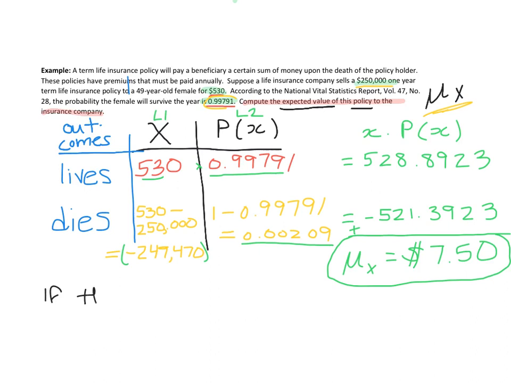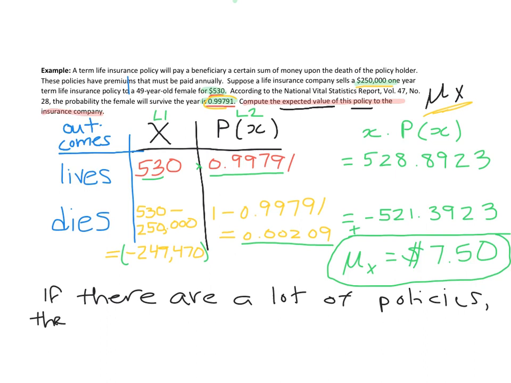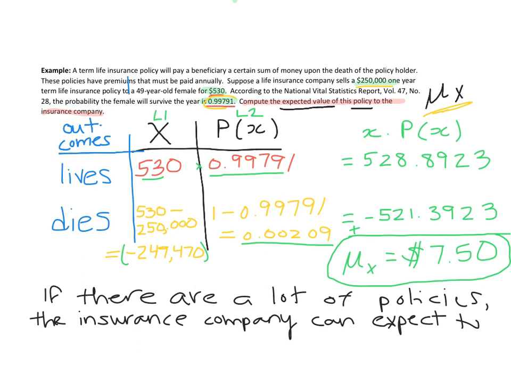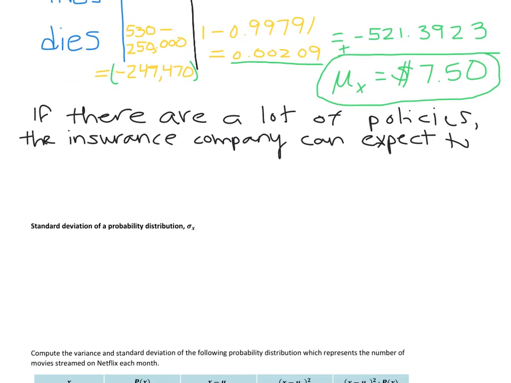So if there are a lot of policies, the law of large numbers, the insurance company can expect to make $7.50 per customer.